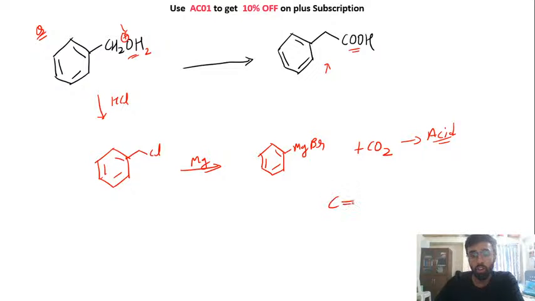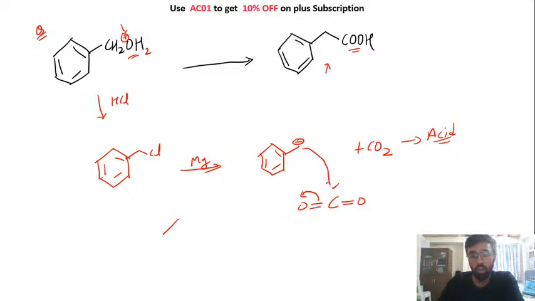So if I draw the structure of CO2, and we know that from here we will create a thing that will look something like this. This can attack on this carbon and one of the bonds can open up. So you will have the structure. Okay, I drew it a little wrong here. Okay, this is the thing that you will generate.